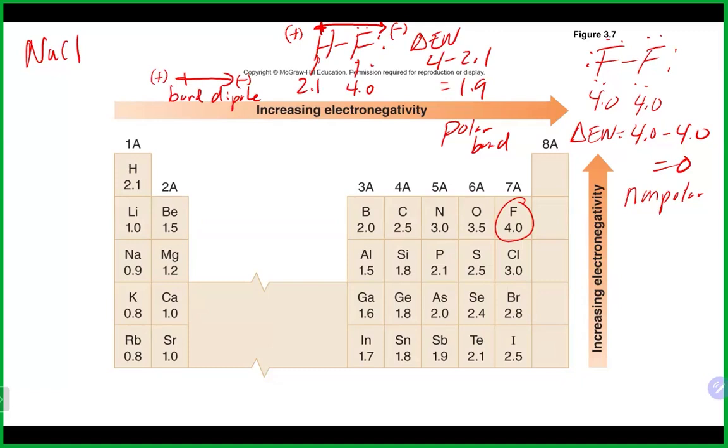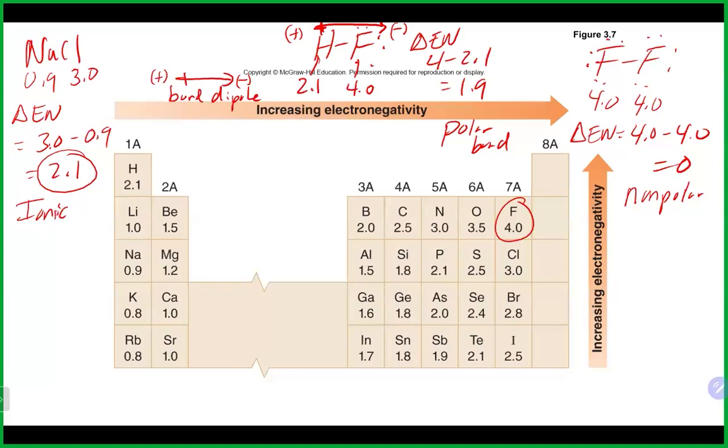Now, lastly, here we have sodium, which is 0.9 on the electronegativity scale, and chlorine, which is 3. Once again, taking the larger number minus the smaller number, 3 minus 0.9 gives us 2.1. That 2.1 is above 2, and that would tell you it's an ionic bond. But you could get a difference less than 2 and it would still be an ionic bond.